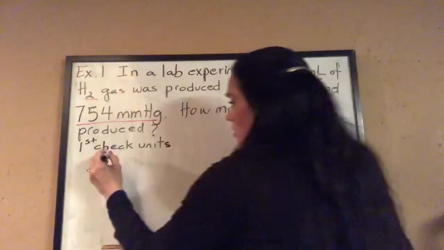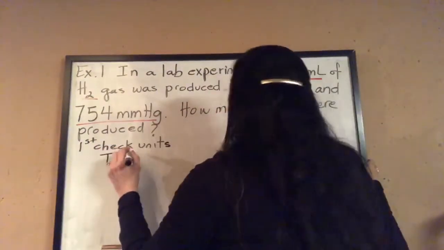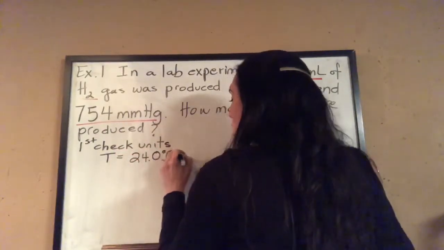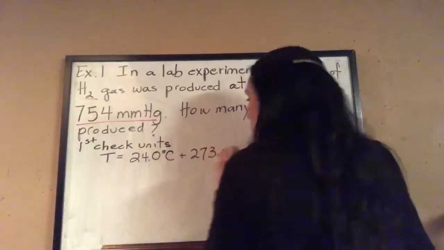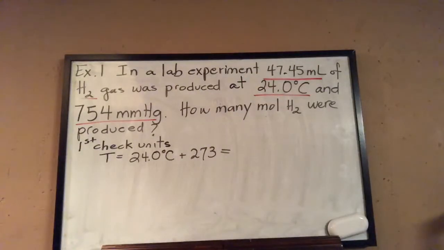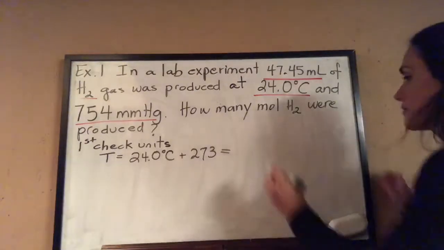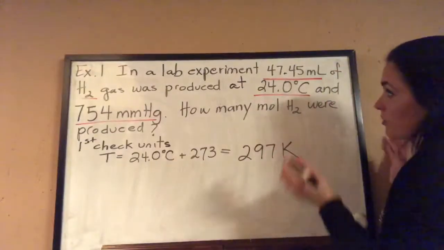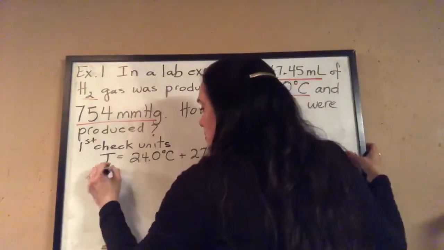So check units. Temperature, we need to convert 24 degrees Celsius to the equivalent Kelvin. So we would add the 273 to the 24, and we get 297 Kelvin. Okay. Volume.